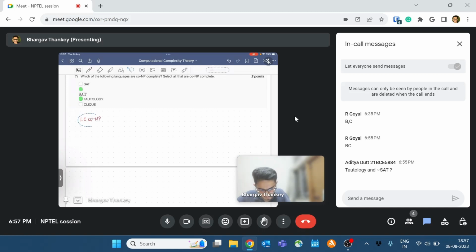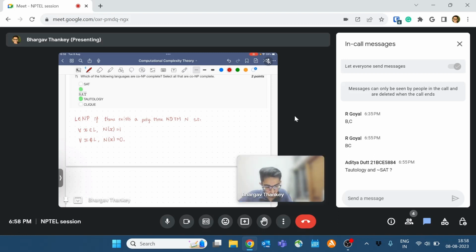So what you are saying is this: L is in NP if there exists a polytime non-deterministic Turing machine N such that for all x in L, N(x) accepts, N(x) outputs 1, and for all x not in L, N(x) equals 0. This is the definition of NP.